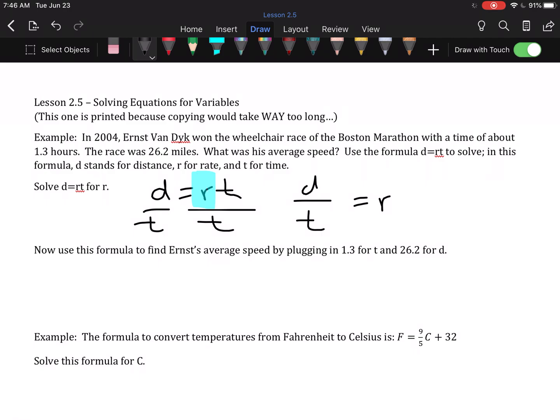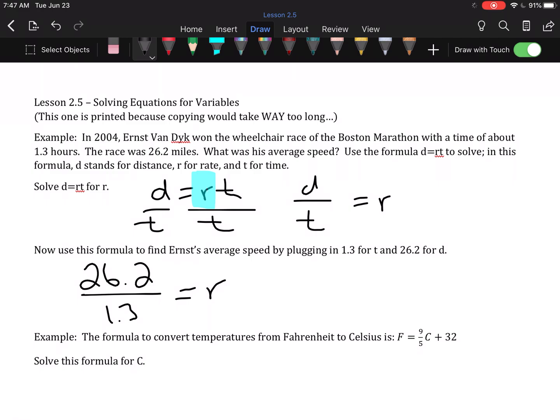Once we do that, we can then use our solved formula to calculate the rate. So use our new formula, d divided by t equals r, by plugging 1.3 in for t and 26.2 in for d. So 26.2 divided by 1.3 is equal to r.